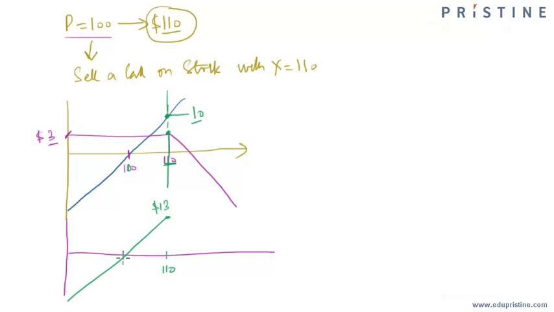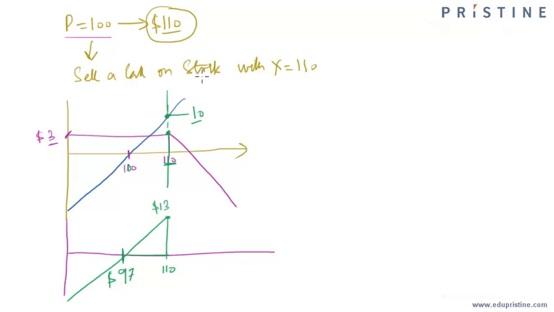Since this is 13 but it's towards the negative x-axis, this would be 110 minus 13, so this point would be $97, correct?